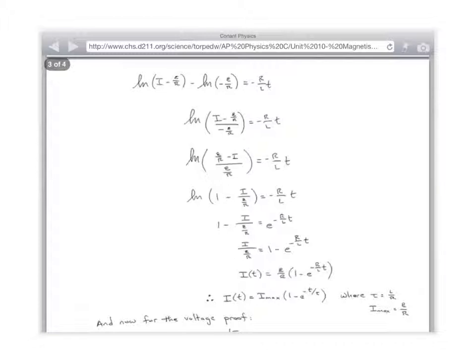Faster. What? The bigger the resistance is, the faster it builds up? Yeah. What? No, how does that make any sense? Wait, say that again?